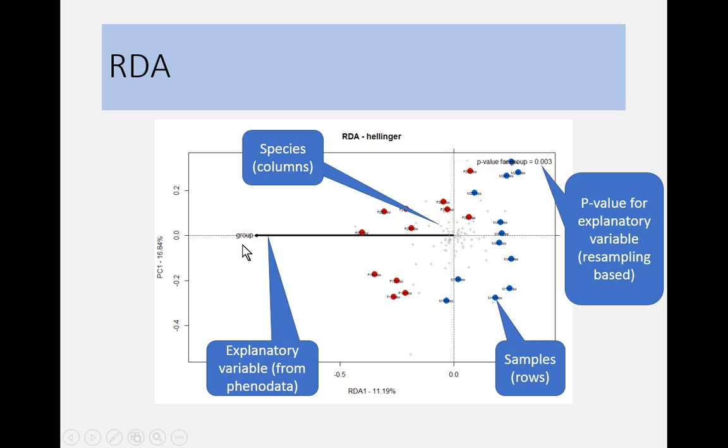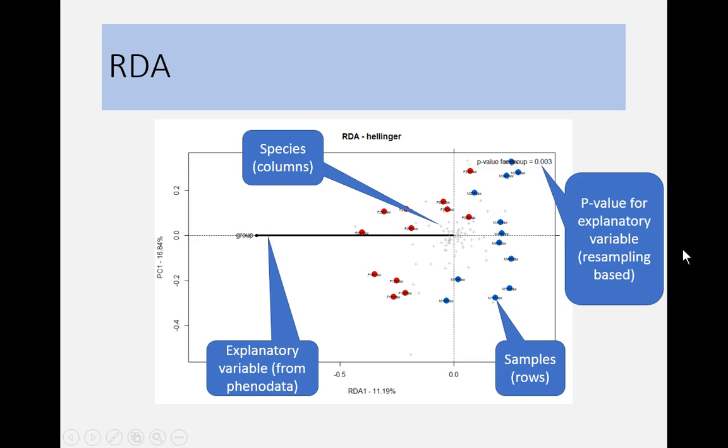And then you have your explanatory variables taken from the phenodata in Chipster. And in this case, you just have the group column. It contains numbers 1 and 2 for groups 1 and 2. Now, the group value increases in the direction of the arrow.